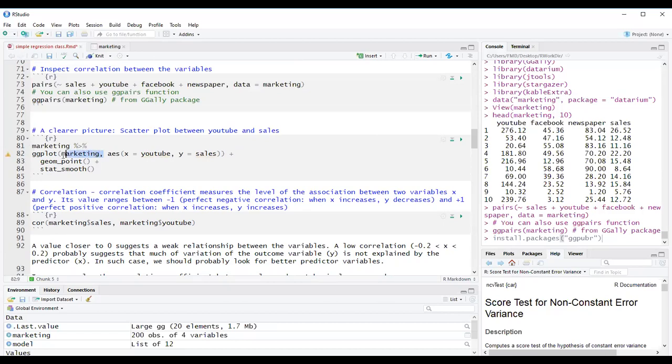So from marketing, then we do ggplot, and I remove the marketing here because we already defined it coming from marketing. To plot your scatter plot, we use geom_point and geom_smooth to show the confidence interval. So the formula is x equal to YouTube, that will be our independent variable, and y equal to sales, then plus geom_point, and then stat_smooth. So let's run this.